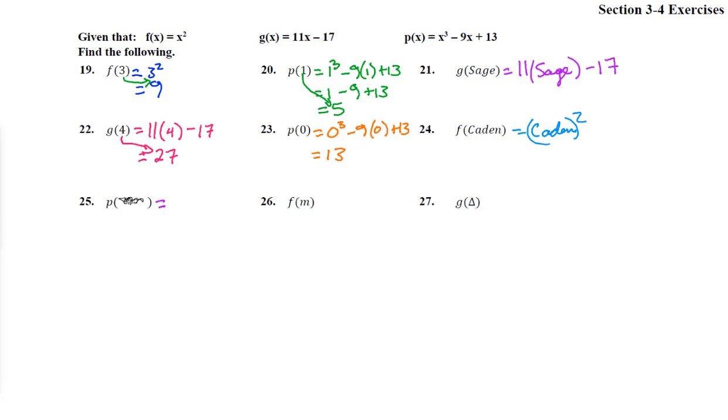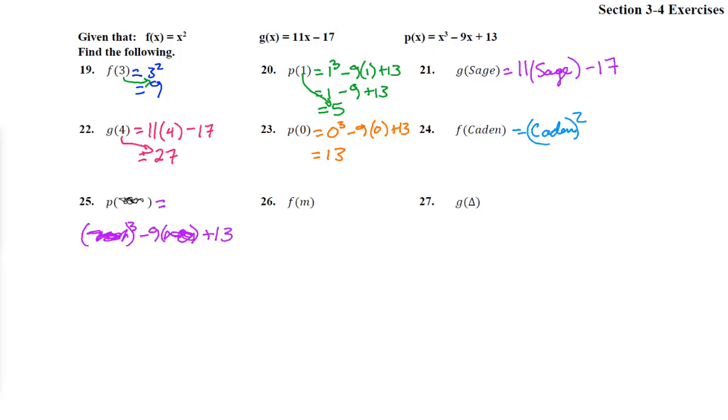Oh, great. So we've got to stick the scribble in everywhere there's an x. That's going to be scribble cubed minus 9 times the scribble, just imagine with me that those are the same scribbles, plus 13. That's what it looks like. Can we simplify it? Not if we don't know what the scribble is, but it just replaced the x.